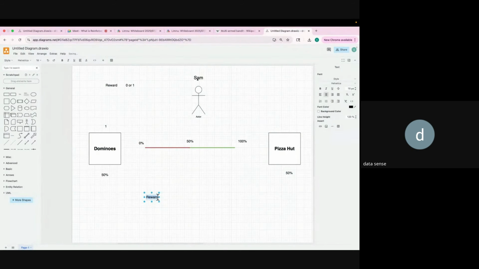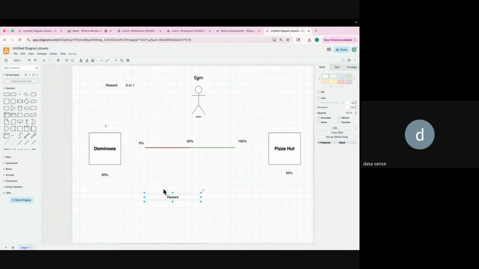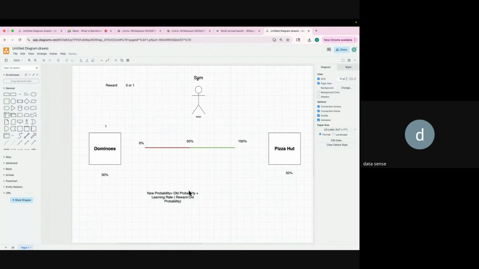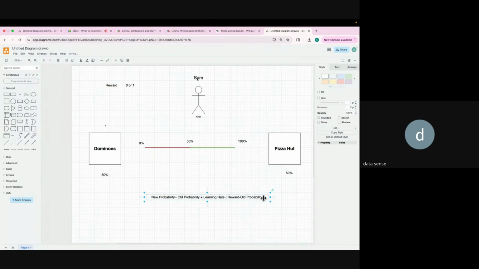This is where I was talking about how that reward thing actually works. There comes a very simple formula. It's a very basic formula, not a confusing one. New probability is equal to old probability plus learning rate, I will speak about what learning rate is, multiplied by reward minus old probability.